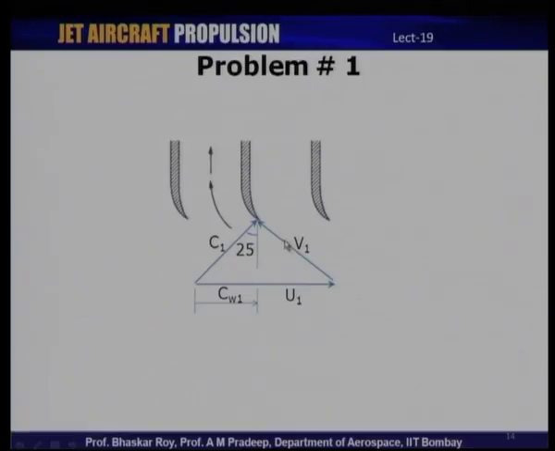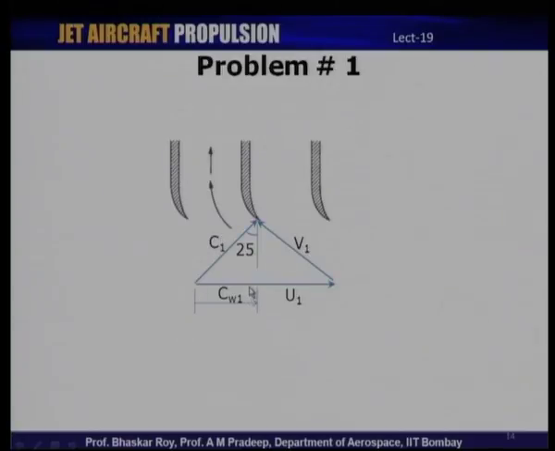We have C1 at 25 degrees, U1 is the blade speed at the eye of the impeller, and therefore, U plus V is C, and that completes the velocity triangle at the inlet. And this component of the absolute velocity is the whirl component or the tangential component Cw1, which is this component of C in the tangential direction, in the direction of U1.